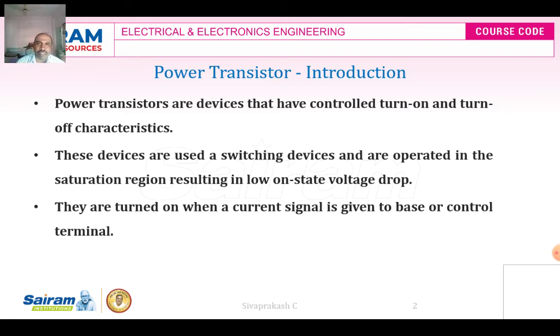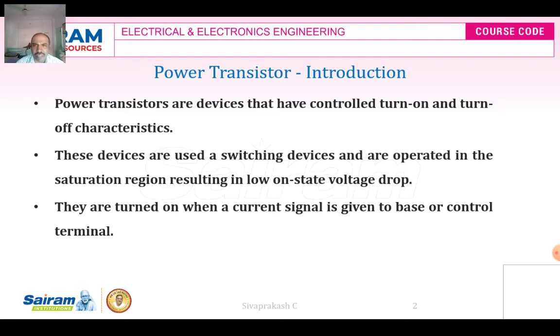Switching device means the transistor should operate in the cutoff and saturation regions, resulting in low on-state voltage drop. Power transistors are turned on when a current signal is given to the base or control terminal. In power transistors we have different types: BJT and FET.